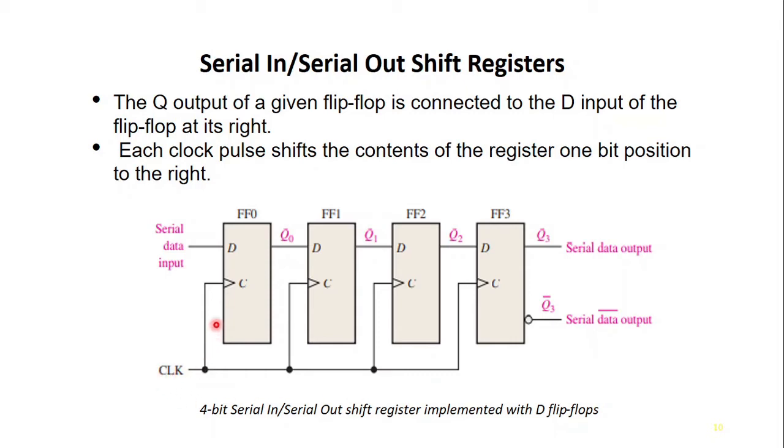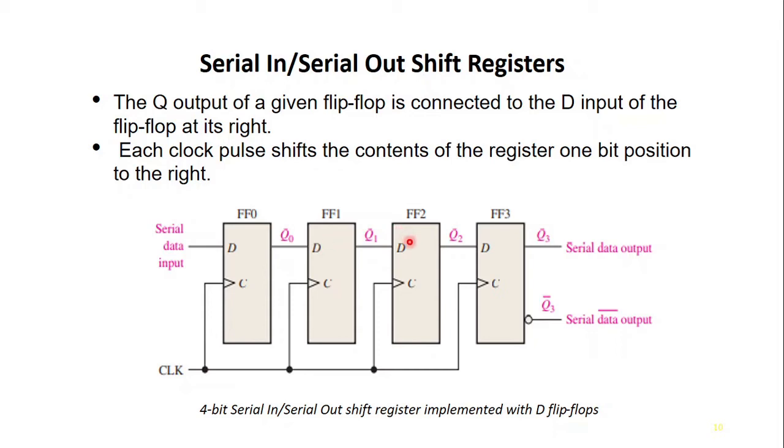Here all the flip-flops are clocked simultaneously. See here the clock signal is connected to flip-flop 3, flip-flop 2, flip-flop 1 and flip-flop 0. All the flip-flops are clocked simultaneously. The Q output of the given flip-flop is connected to the D input of the flip-flop at its right. Each clock pulse shifts the contents of the register one bit position to the right.